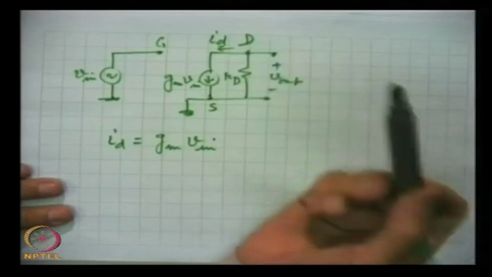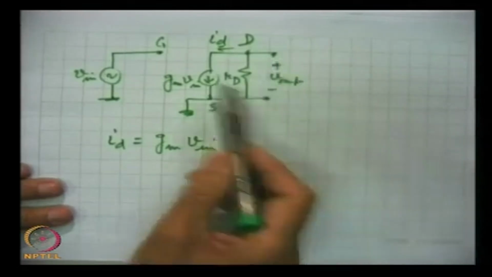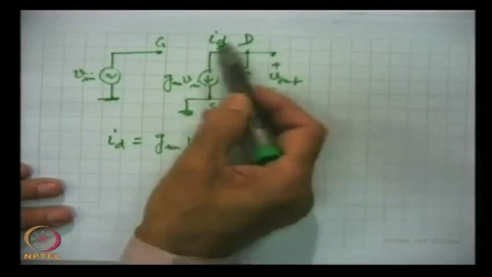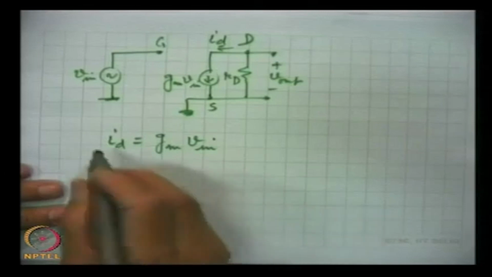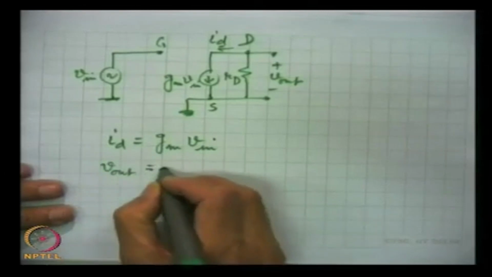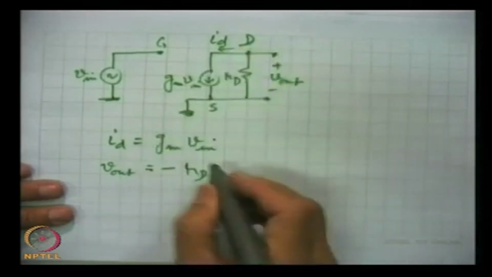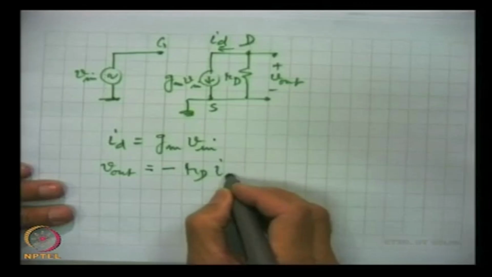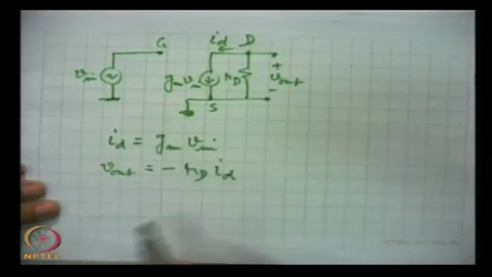Current normally flows from higher potential to lower potential, but it is flowing this way, and hence in order to write V out equal to minus this resistance R d into I d, we substitute for I d from this equation.